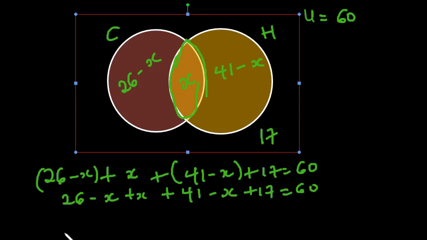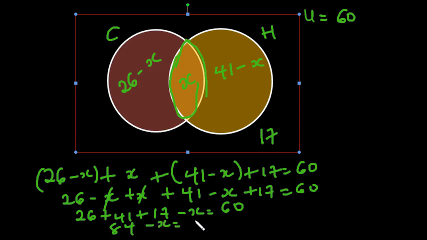So let's collect the like terms. We have 26 plus 41 plus 17. Minus X plus X is cancelled out. Then we have just minus X will be equal to 60. Addition of all these will be 84 minus X equals to 60.